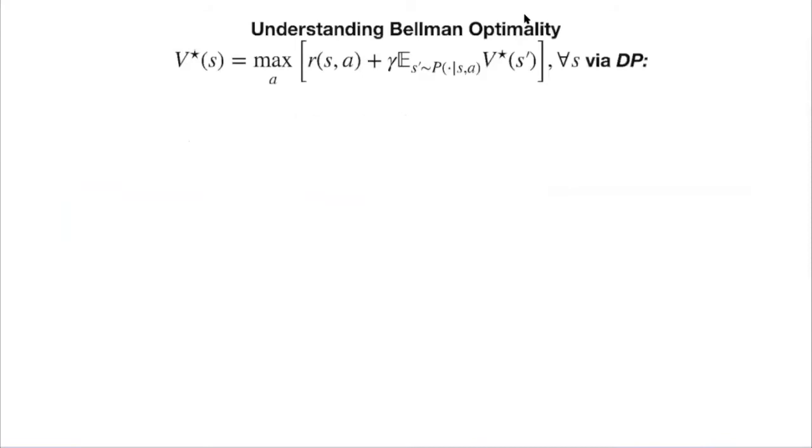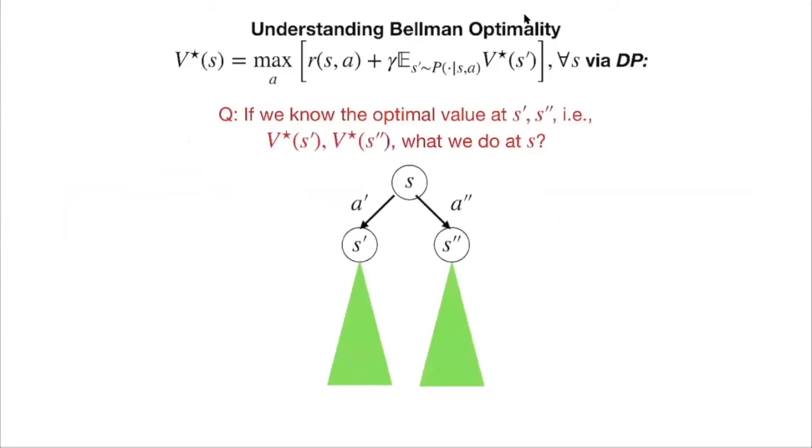Okay, so let's just look at an example. Again, think about dynamic programming. In this simple example, let's say we have two actions, A prime and A double prime, at state S. State S is where we are, and we care about the optimal value function V star at state S. Now, from a dynamic programming perspective, imagine that I've told you the optimal value starting from S prime, and I told you the optimal value starting at S double prime.